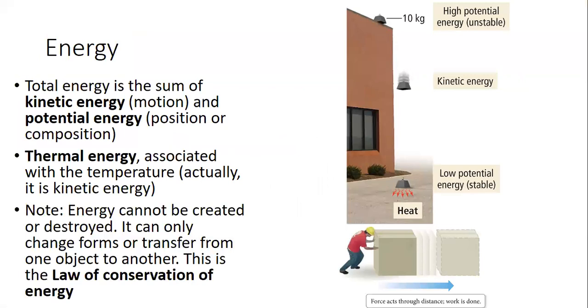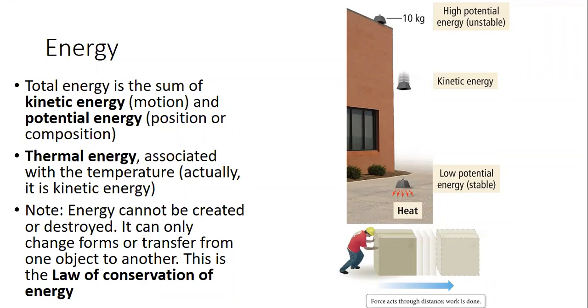The first thing we're going to talk about is the idea of energy. Energy is really the ability to do work. And we have two different types of energy that we think about: kinetic energy and potential energy.